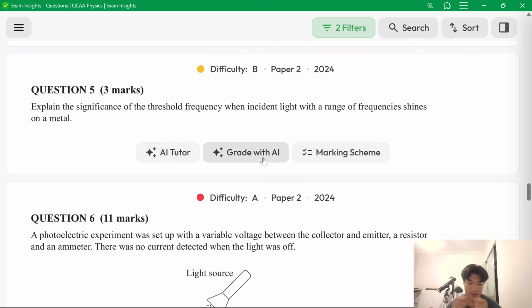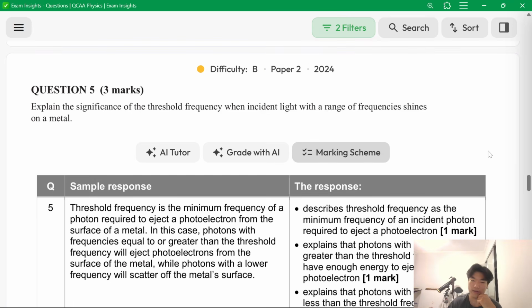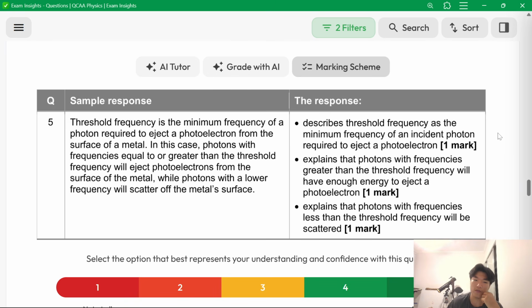Like electrons can freely escape the metal and cause there to be kinetic energy. Yeah, I don't know. Okay. Minimum frequency of a photon required to eject a photoelectron. I basically said that.